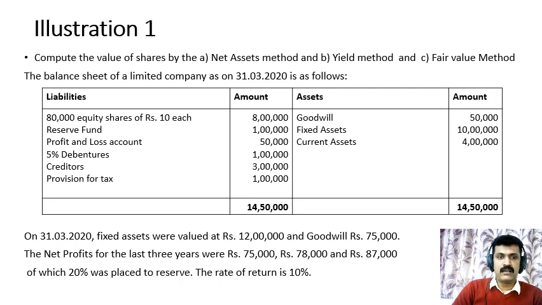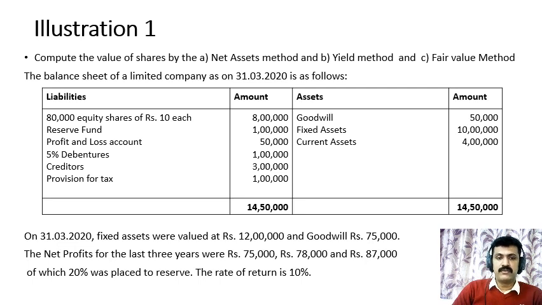While calculating the value of shares under net assets method, first we need to ascertain the net assets available for equity shareholders. For that, first we have to take the market value of assets. So here fixed assets were valued at rupees 12 lakhs, that we have to take, and goodwill rupees 75,000, and current assets 4 lakh rupees only.